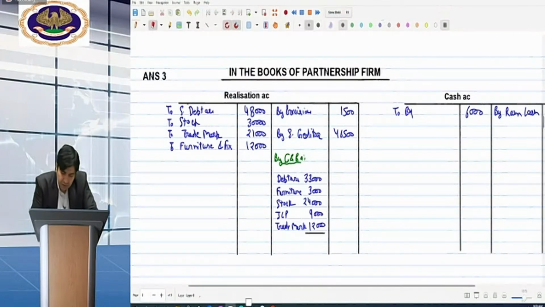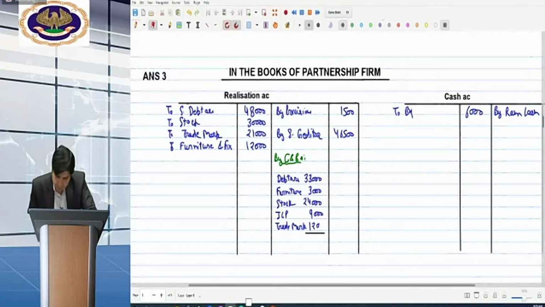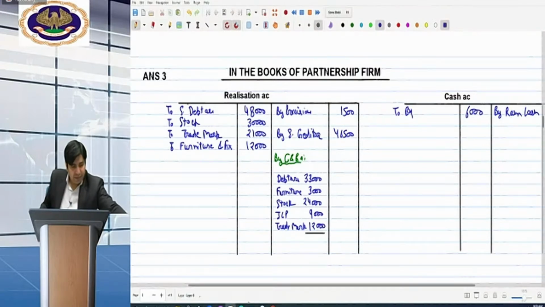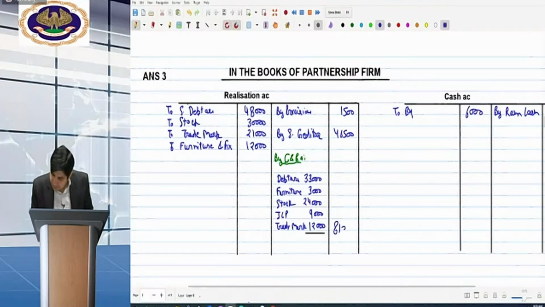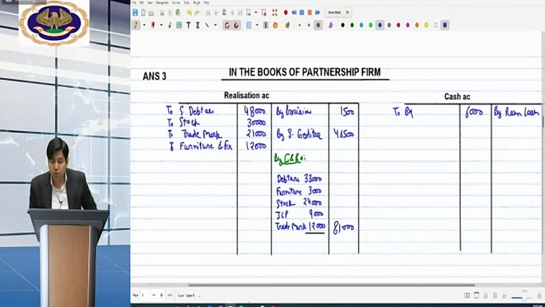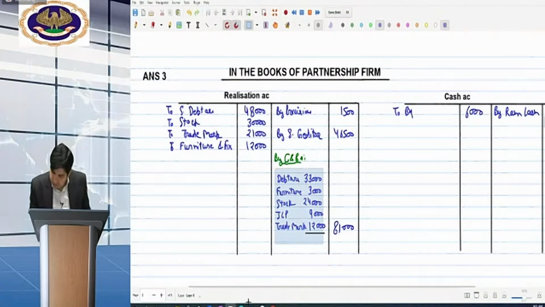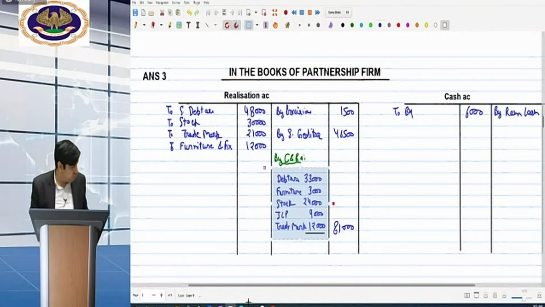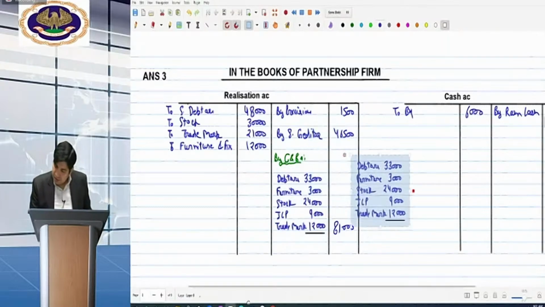How much is the amount? That is the total of these things: 33 plus 3 plus 24 plus 9 plus 12, 81,000. Can I post these things to the cash and bank account? Yes, sir. Please post these things to the cash and bank account.